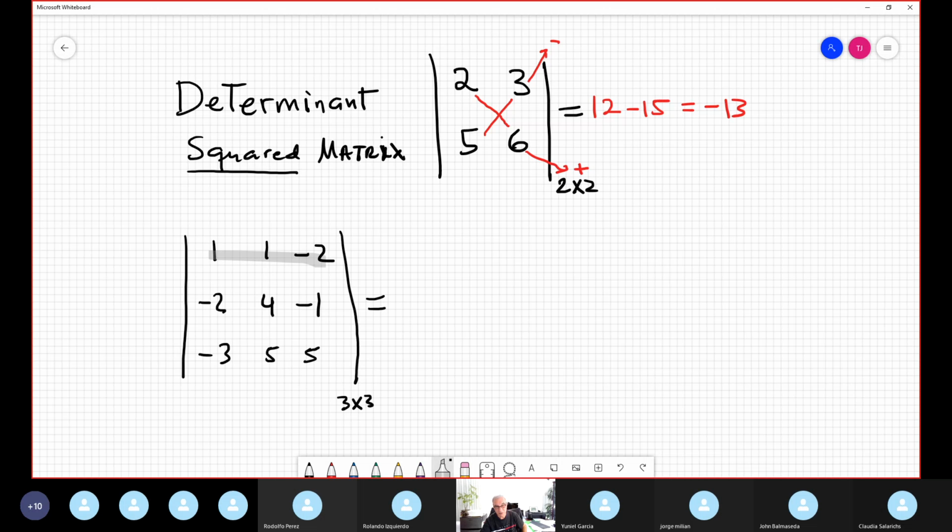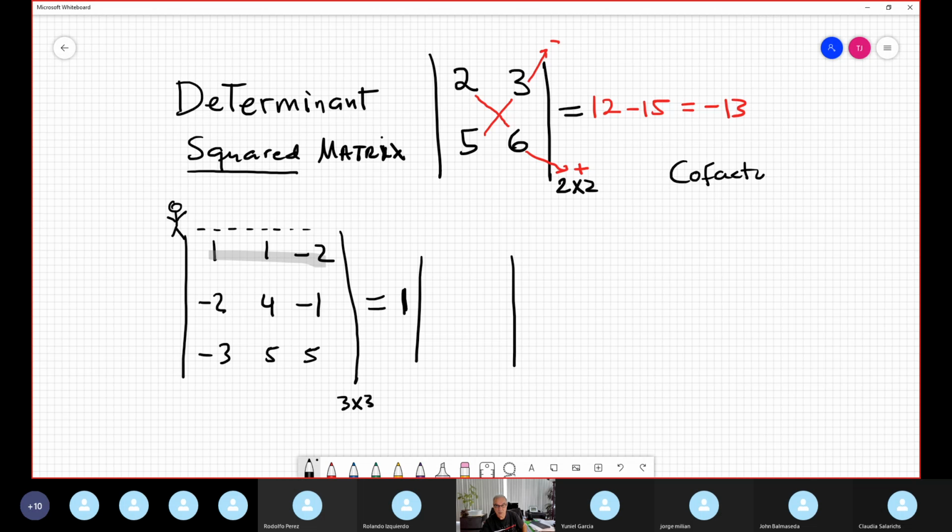Not always is it convenient to take the first, depending on the problem. But it's okay. Let's do the first example using the first column. So you take the first number, get 1, you copy here, and you compute the cofactor.